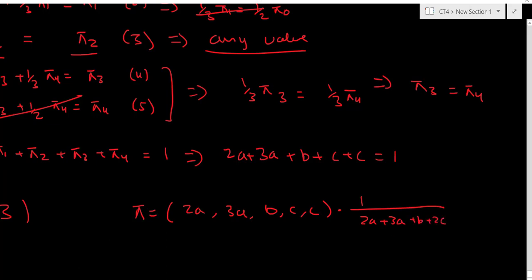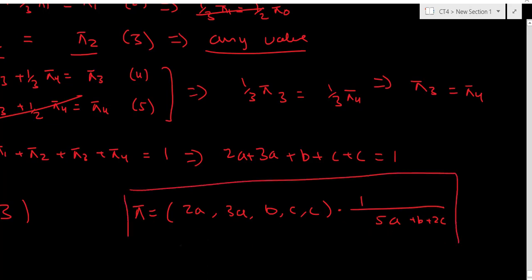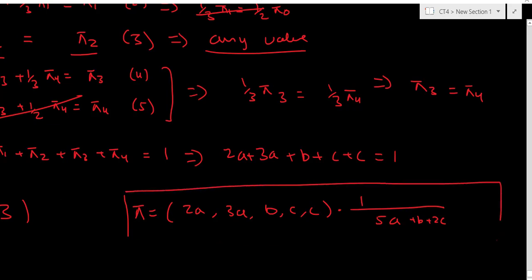Okay, so that would be 5a plus b plus 2c, right? If you divide this entire vector by this factor, then you'll get these values such that all of them will add up to 1 always, right? So that has to be true. So this would be my stationary distribution, and it can be true for any values of a, b and c, right? So it will be true for any values of a, b and c such that this property holds good.